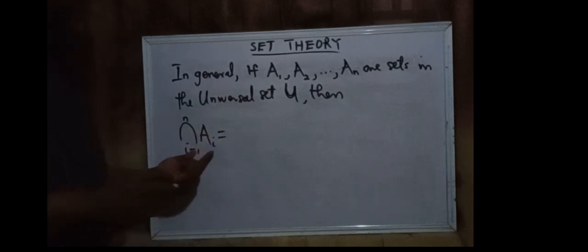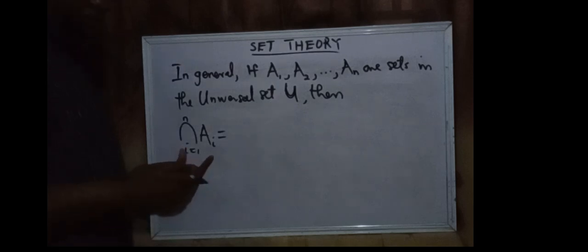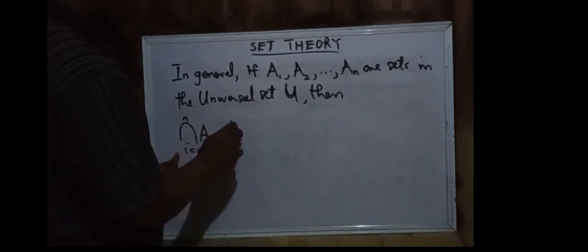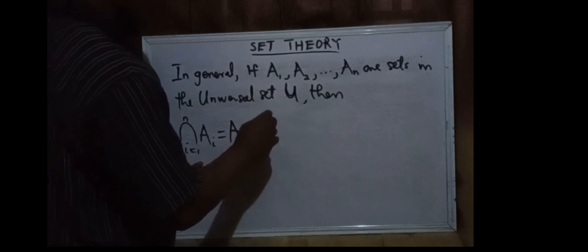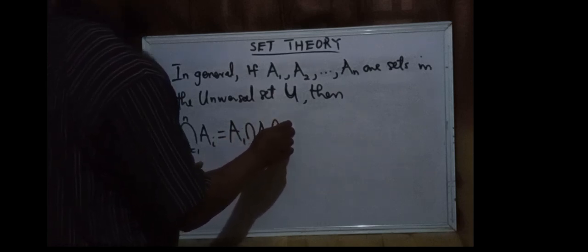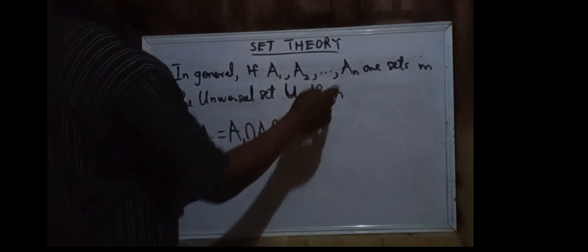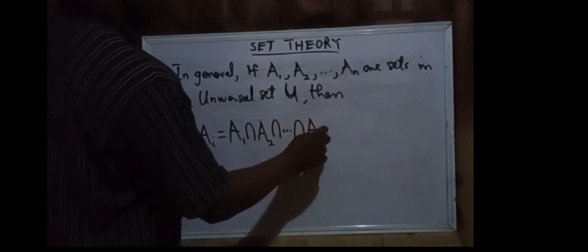We can generalize the intersection of all these sets as this, and this simply means A1 intersection A2 intersection up to the last set, which is AN.